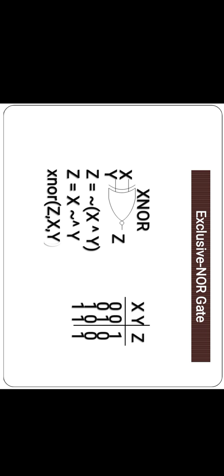For 0 1, there is an odd number of ones, so the output is 0. For 1 0, there is an odd number of 1, the output is 0. For 1 1, there is an even number of ones, so the output is 1.